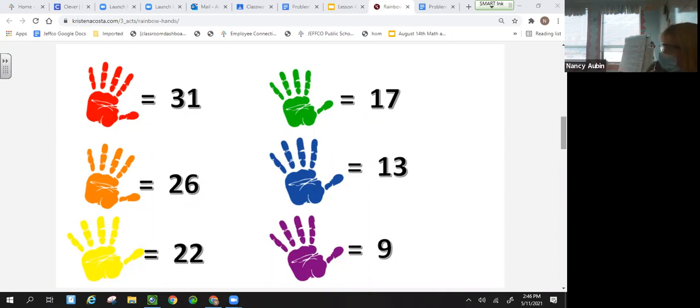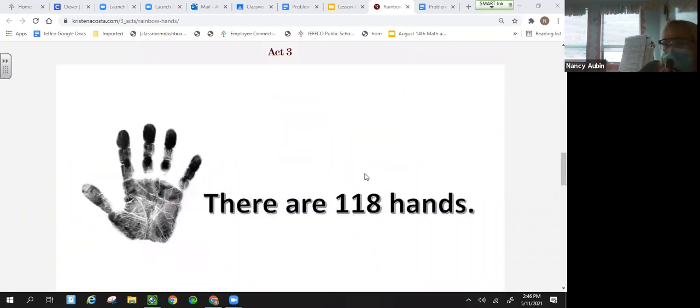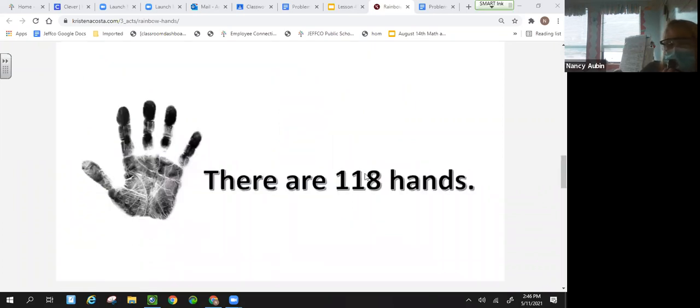Max. 117. What do you think, Cerne? 118. Robert, did you want to? Madison, 119. Okay, silent drum roll. Semi-silent. Yep. There are 118 hands.